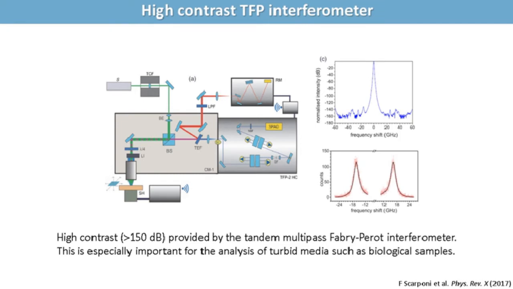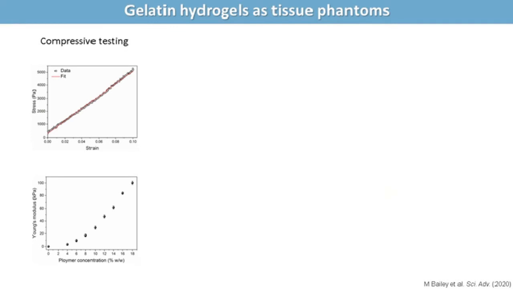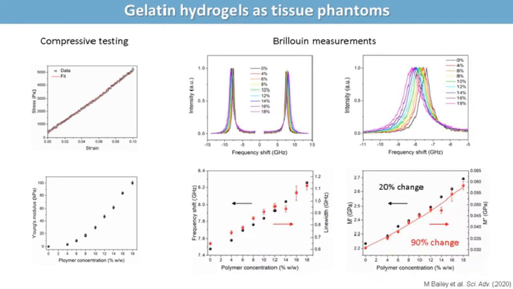So some recent results from our lab involve the study of tissue phantoms in order to understand the information content of the Brillouin spectrum and also the significance of these signals in a biomedical context.